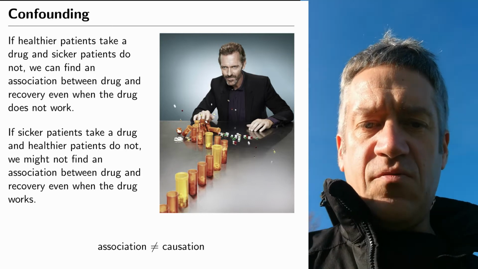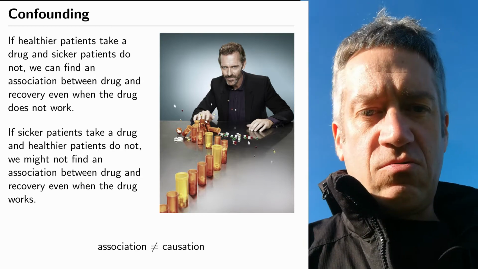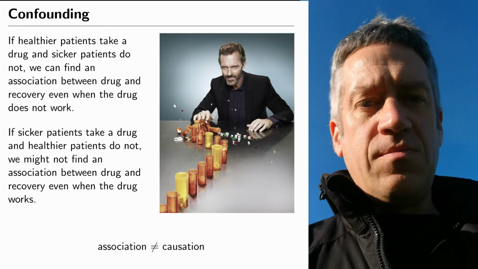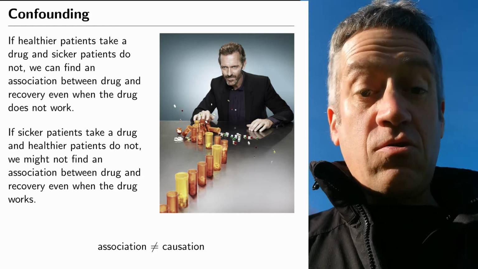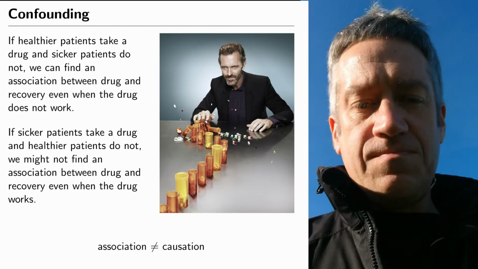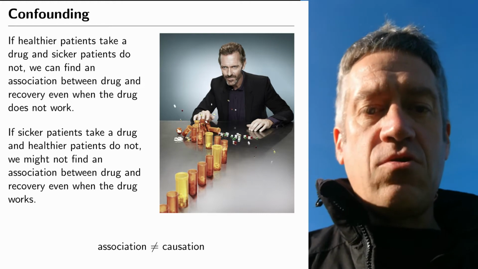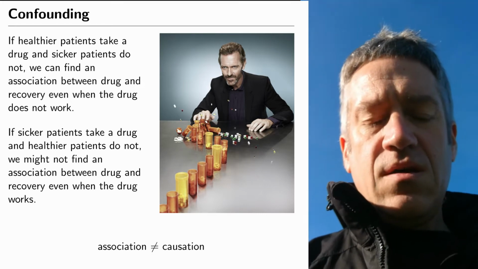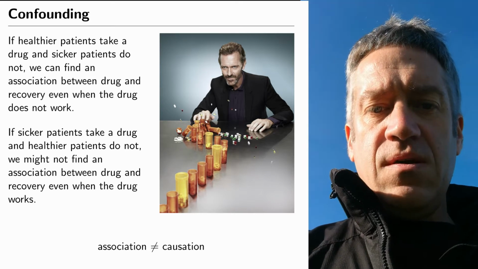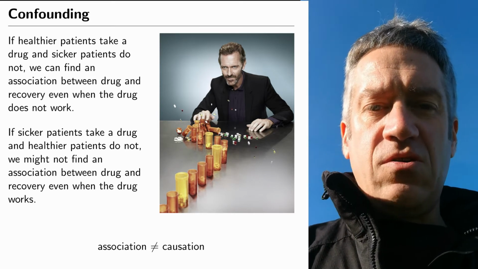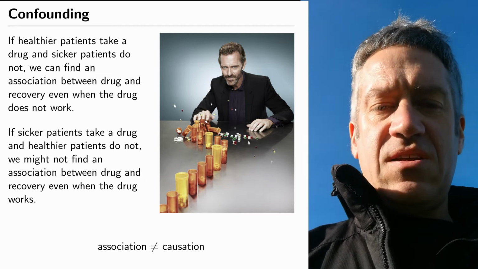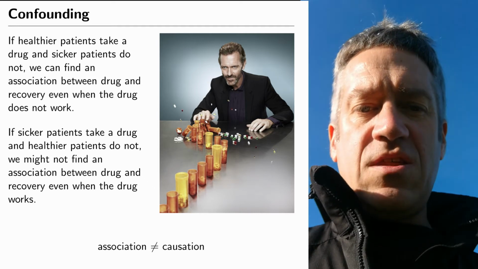So here's an example where X causes Y, but Y also causes X. And so where we get a problem if we think that association or correlation is the same thing as causation. So imagine you prescribe a drug to a set of patients, some more ill and some healthier. And you want to see whether the drug works. And imagine that the ill ones are so ill that they also do not have the energy or the motivation to participate.